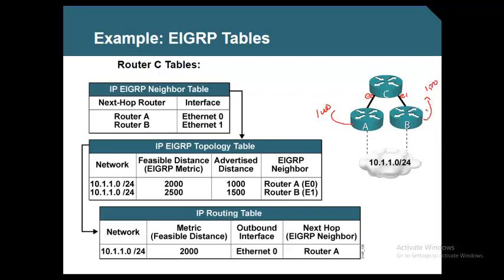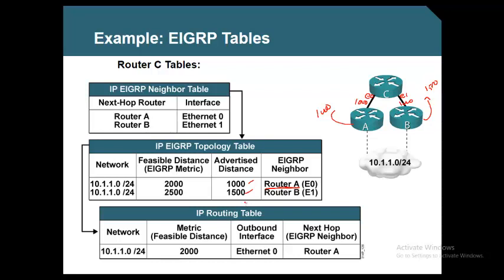From the local router C to A, the distance is 1000, and from local router C to B, the distance is 1000. The feasible distance from C to reach the destination through A is 2000, and from C to reach the destination network via B, the feasible distance is 2500.